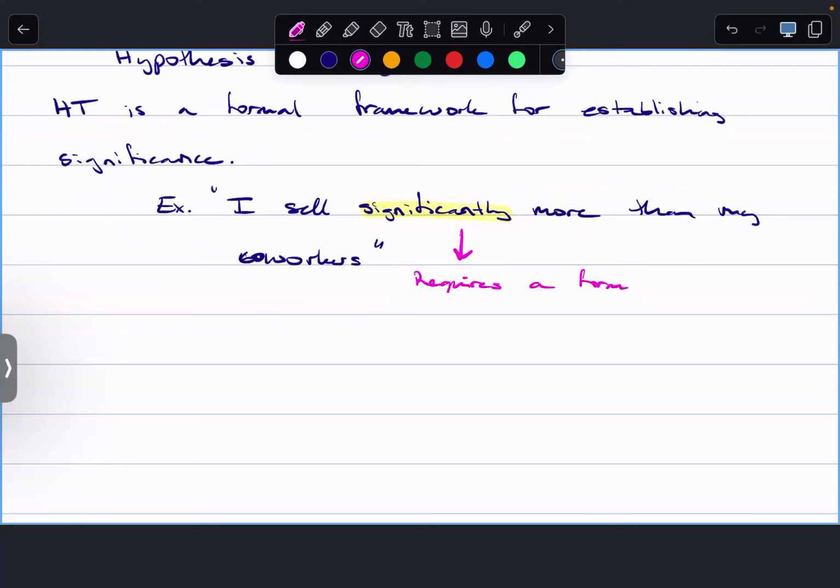You can say you sell more, but in order to say that you sell significantly more, you have to use a hypothesis test. Okay?